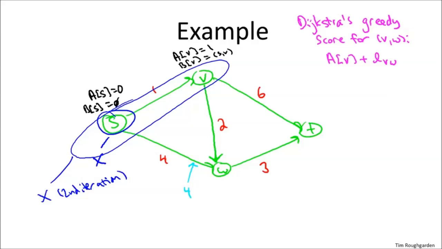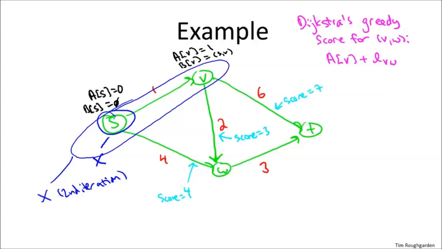The A of V value is 1. We add to that the length of the arc, which in this case is 2. So this edge V, W has a score of 3. Finally, there's the arc V, T, and here we add 1, the shortest path distance of the tail of the arc, plus the edge length, which is 6. So that has the worst score.